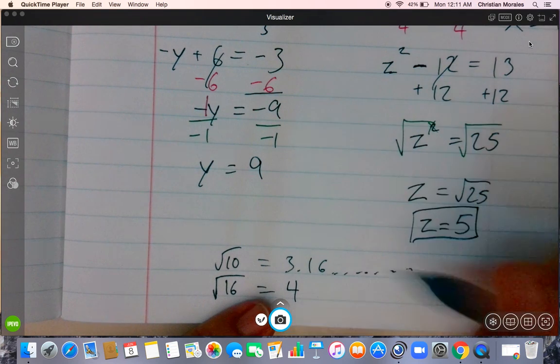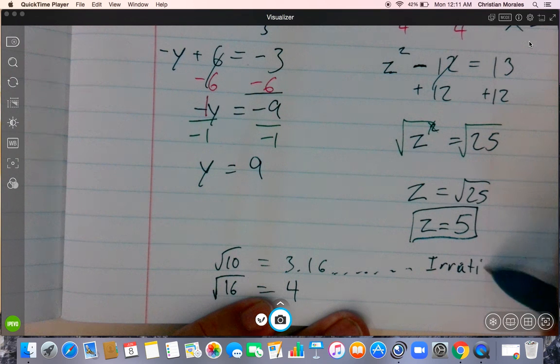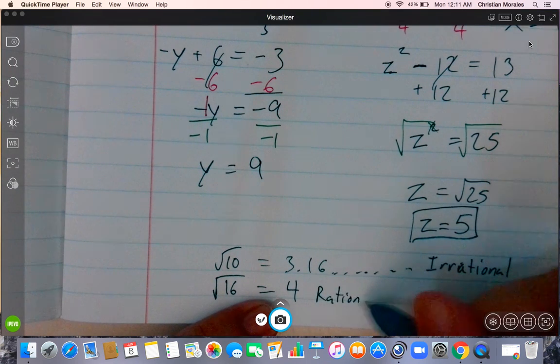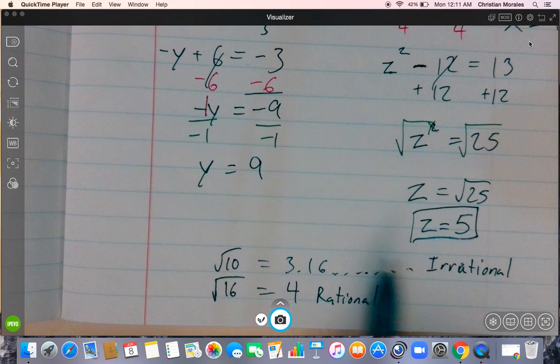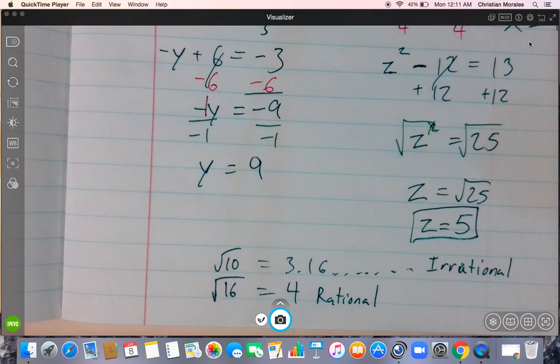So this would be irrational, and this one is rational. And it has to do with, could you write it as a regular whole number or would it be a decimal that doesn't stop? If the decimal doesn't stop, another example is pi. Pi is irrational. Okay? And that's it.